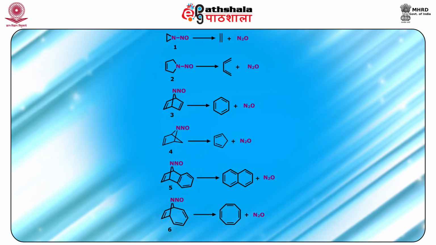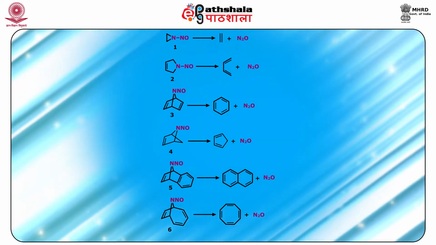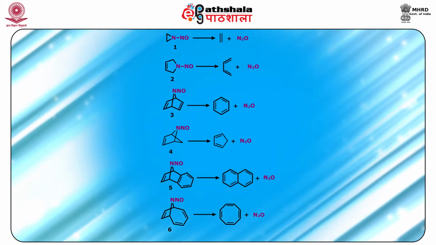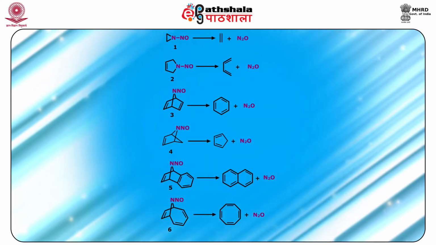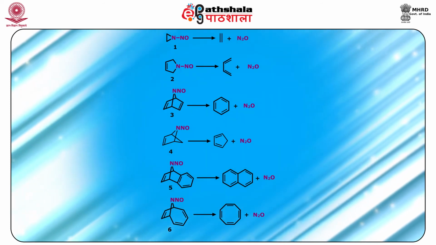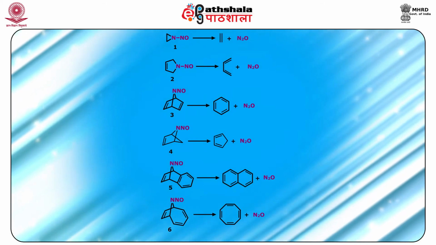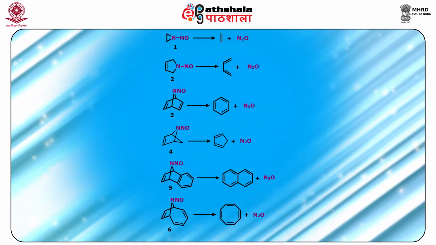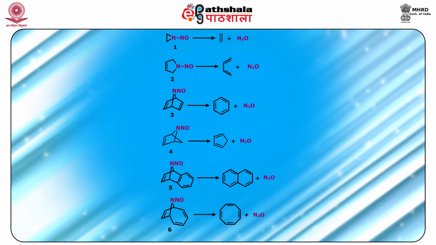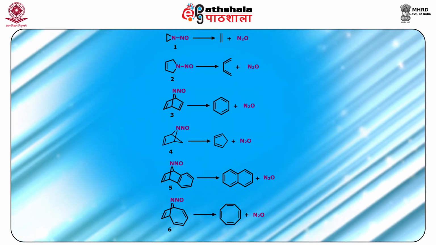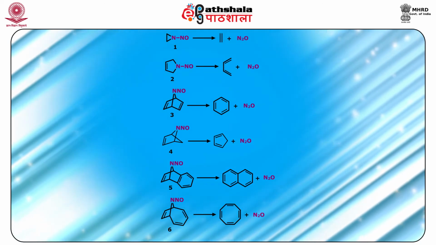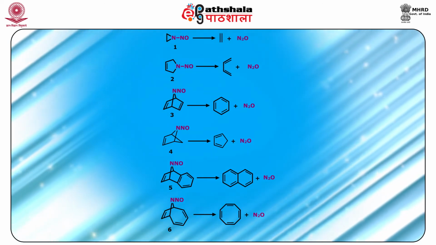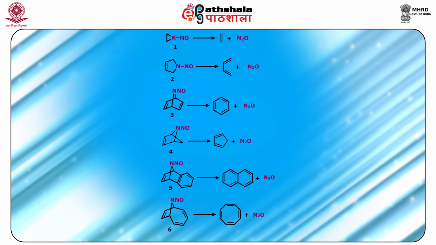Rapid decomposition was observed only for nitrosoaziridine 1 and compound 5, at a temperature below 0 degrees Celsius and at 45 degrees Celsius respectively. It was shown that ring strain is the critical factor for the cheletropic decomposition of cyclic nitrosamines.